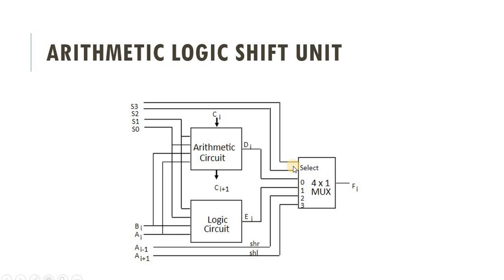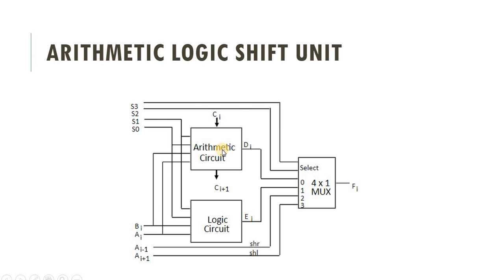There are 2 more inputs here, AI-1 and AI+1, to perform the shift right and shift left micro operations. Also the output carry Ci+1 of the arithmetic circuit must be connected to the input carry Ci of the next stage. So this is basically all for the arithmetic circuit setup.